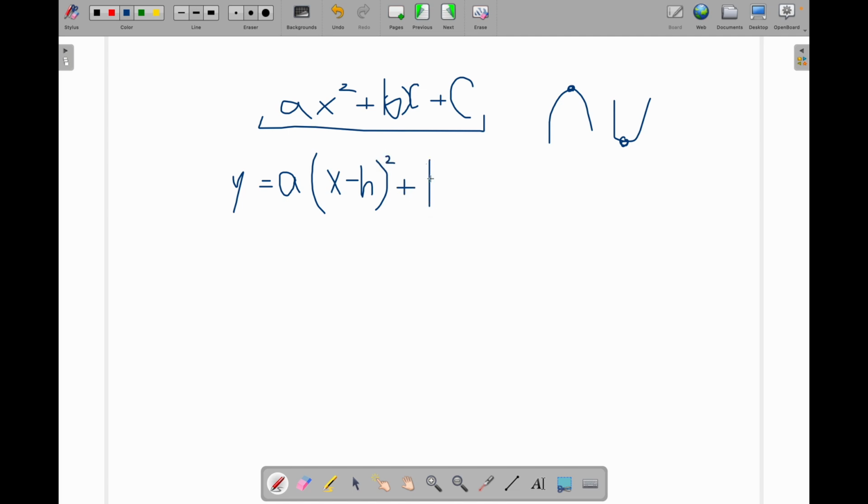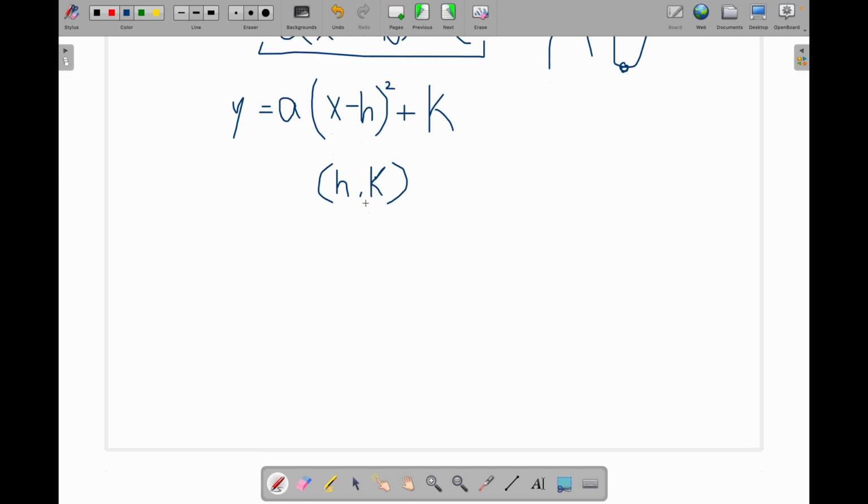Now, h and k, what do these mean? These are both going to be some sort of number, but h is the x value of our vertex, and k is the y value of this vertex. And these can become helpful in different problems involving the vertex.